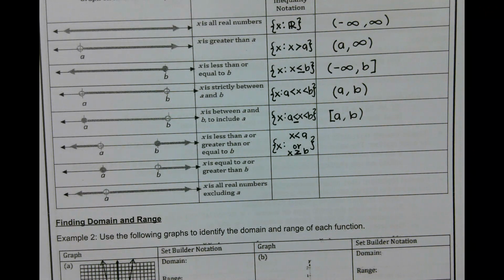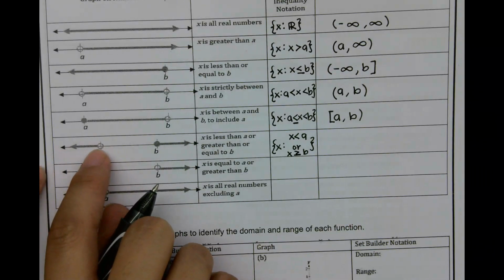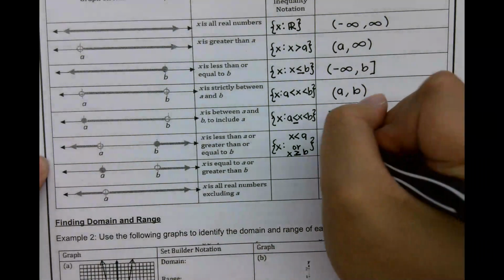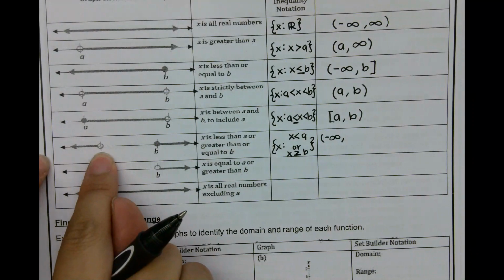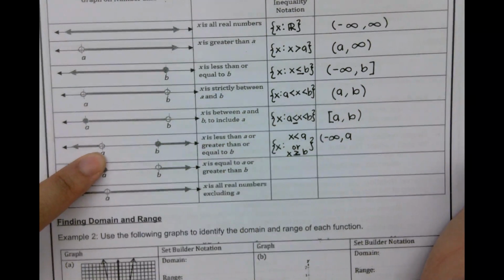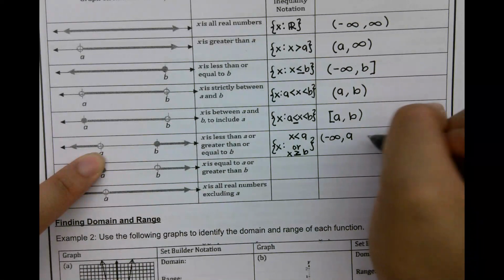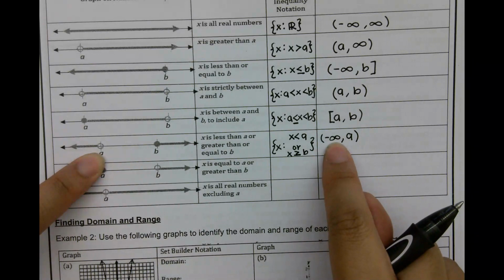Then I'm going to write this in interval notation. So I'm going to start with this side first. Since it's going to the left forever, that's going to be negative infinity, comma, it ends here at A. Because it's an open circle, it's not included, it'll be a parentheses. Parentheses always goes with the infinities.